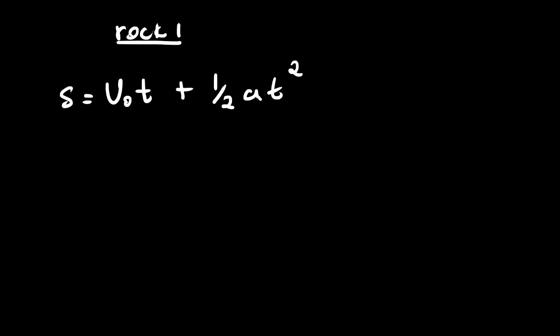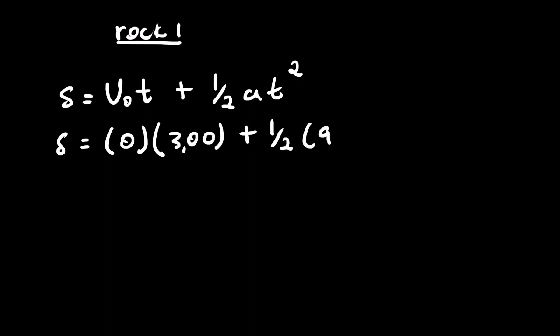Let's say we have rock 1. We are going to use this equation. We are looking for the displacement, the height of the cliff. Initial velocity was dropped, so we have 0. Time it takes is 3.00 plus half, we have 9.8, we have 3.00 squared.